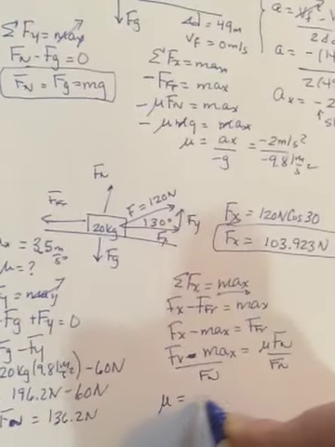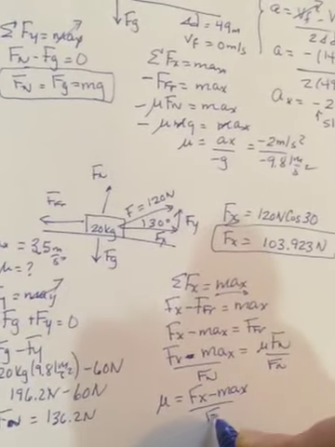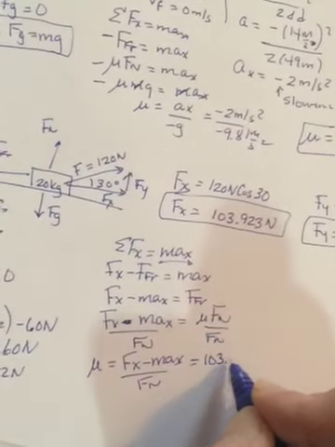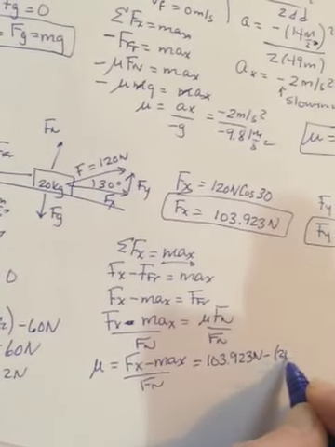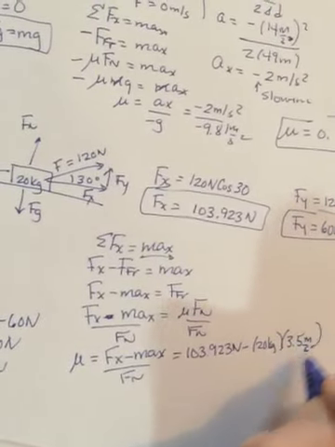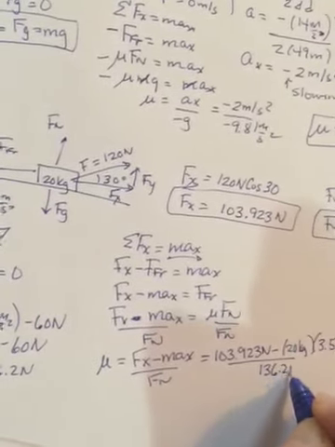So you'll have mu is equal to Fx minus max over Fn. Fx we found to be 103.923 newtons. M was 20 kilograms. A was 3.5 meters per second squared. And the Fn we found a moment ago, 136.2 newtons.